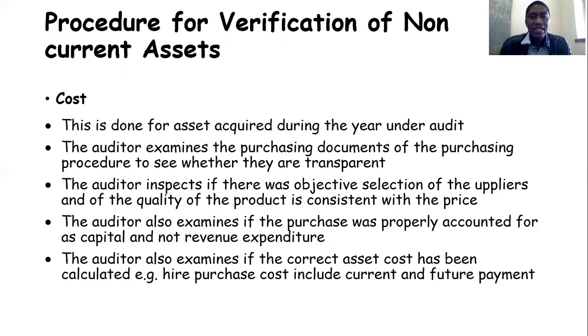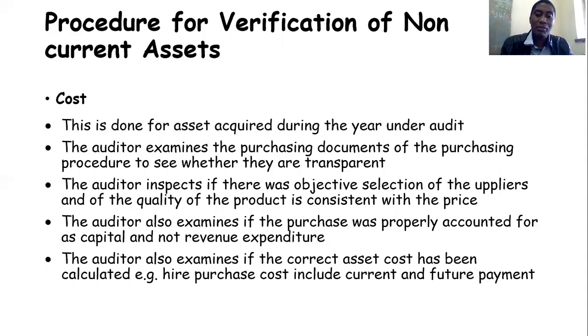So at cost, this is done for assets acquired during the year under audit. The auditor examines the purchase documents of the purchasing procedure to see whether they are transparent. The auditor inspects if there was objective selection of the suppliers and of the quality of the product, whether it is consistent with the price.